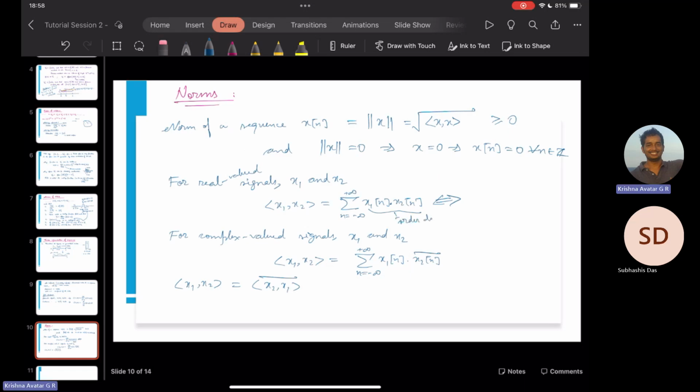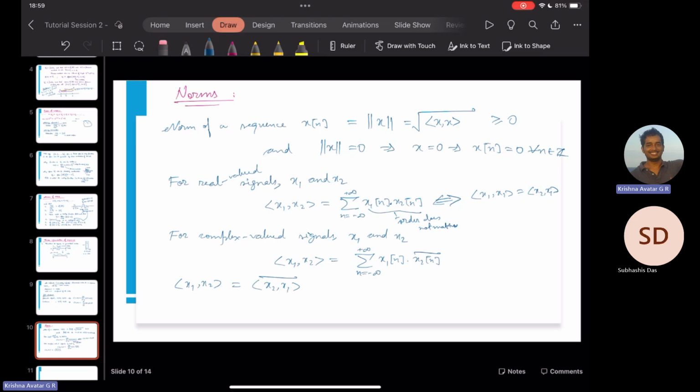And we know that multiplication and addition are two mathematical operations which are commutative in nature, which means that A into B is the same as B into A. Of course, at a scalar level, you should not talk about matrices. Likewise, for addition, A plus B is the same as B plus A. So you can just write it as x2[n] dot x1[n], which means that x1 comma x2 is the same as x2 comma x1.